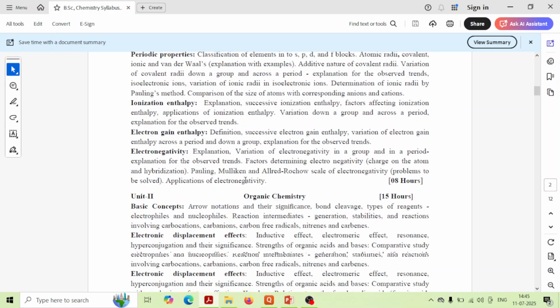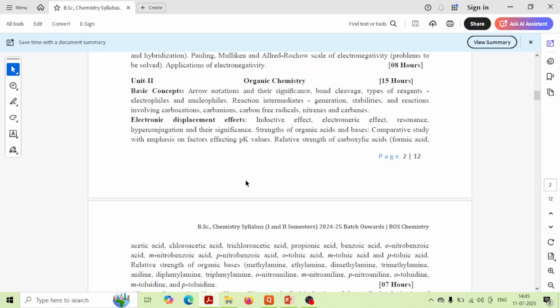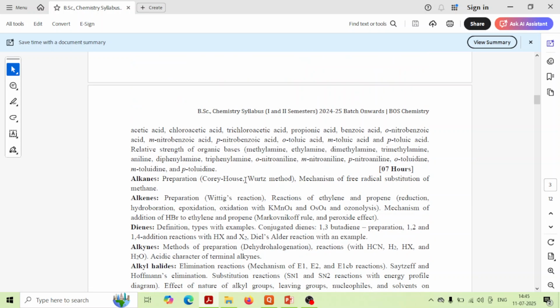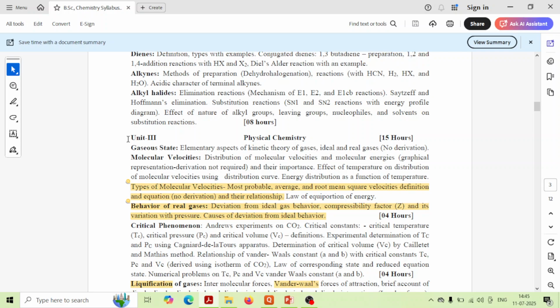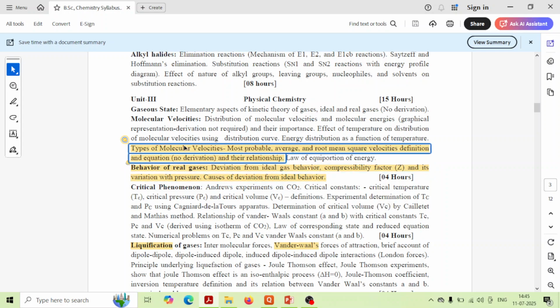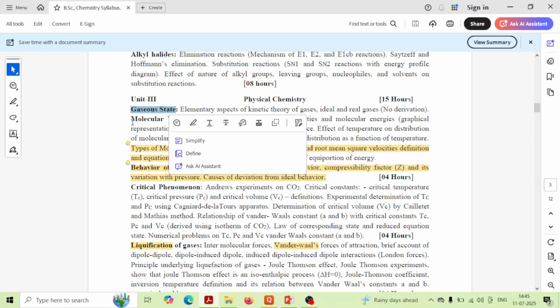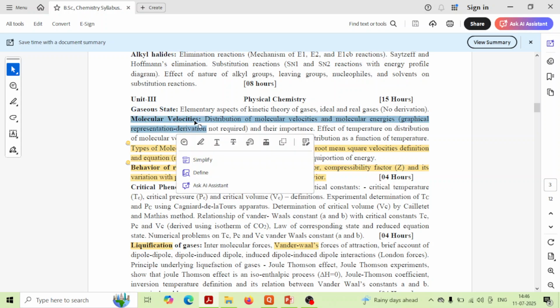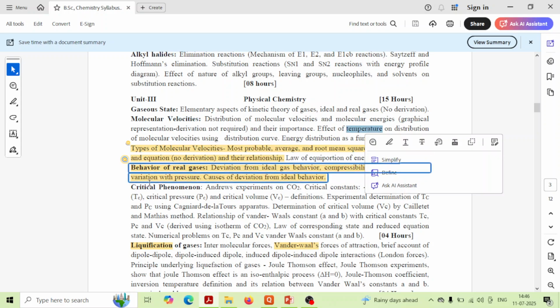The first unit is inorganic chemistry, the second unit is organic chemistry, and the third unit, unit 3, is physical chemistry of 15 hours. So I am covering these two modules, that is gaseous state and molecular weight velocities, and also behavior of real gases.